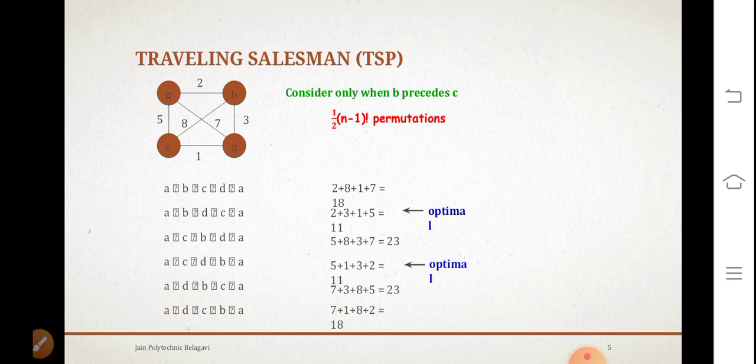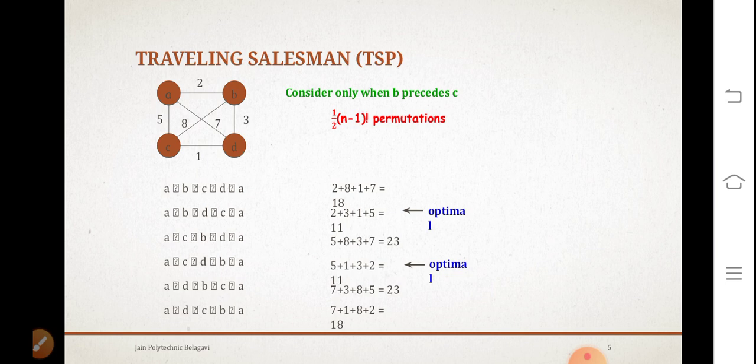Another path is A to B, then B to D, then D to C, then C to A. Then we have another path: A to C, then C to B, then B to D, then D to A. These are the possible paths to travel all the cities exactly once.